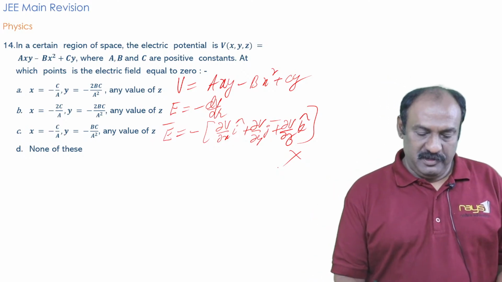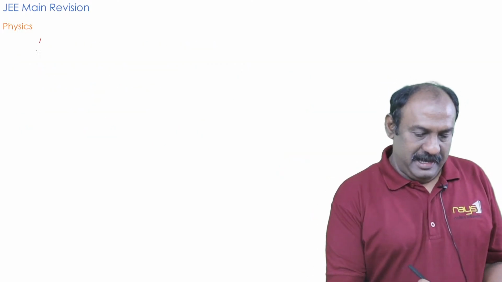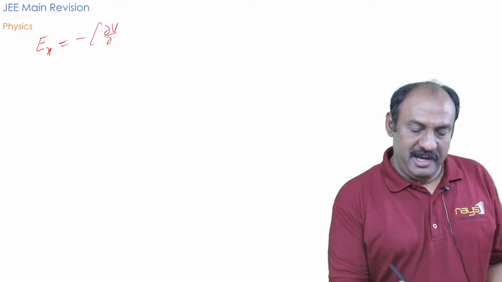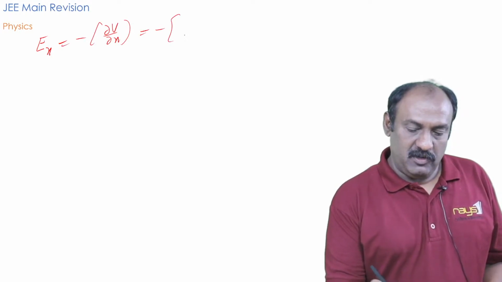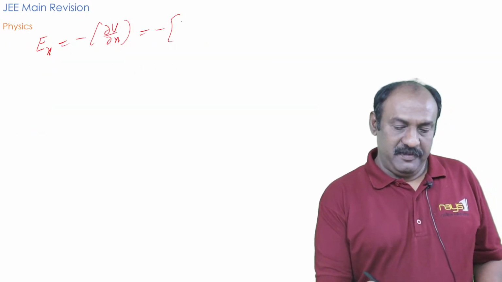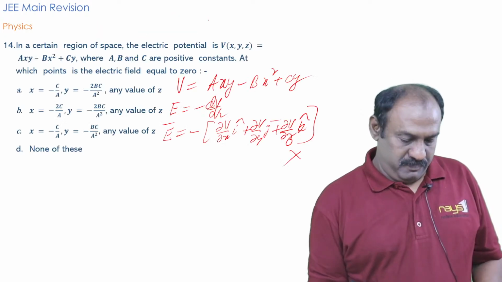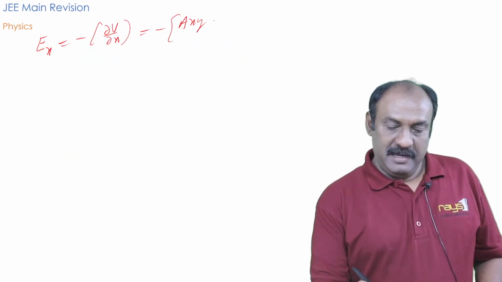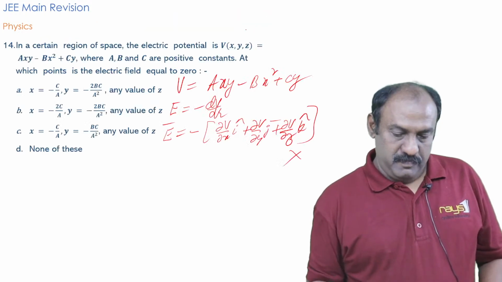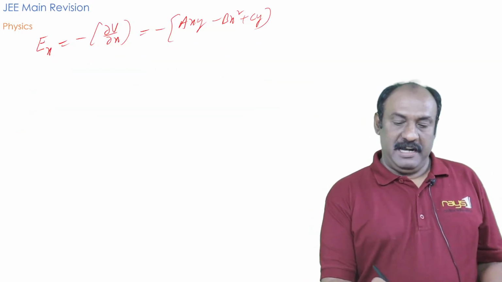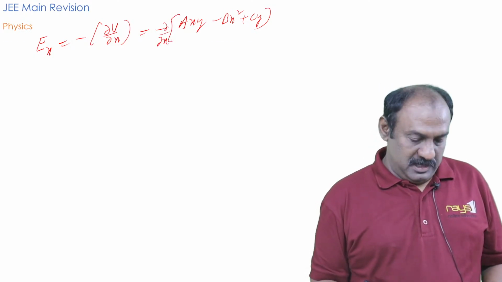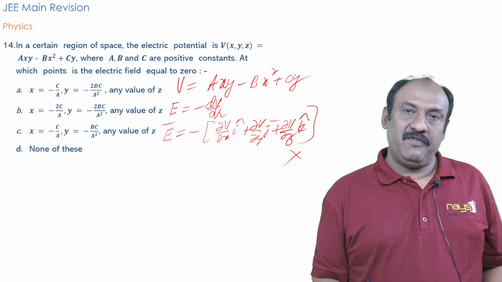Therefore Ex is equal to minus of dou V by dou x, that equal to minus of dou by dou x of AXY minus BX square plus CY. So by differentiating this one, according to given data, the net electric field intensity is 0.